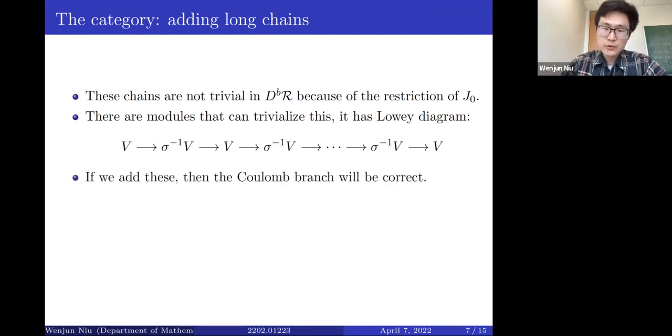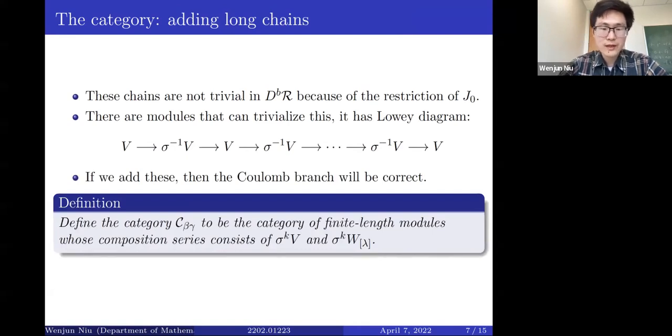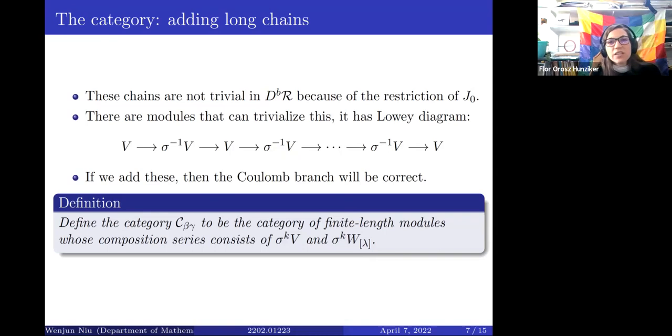So this motivated us to define the category, which we call curly C beta gamma, to be the category of finite length modules whose composition factors are just spectral flows of the vacuum or spectral flows of W lambda. So the category studied by Ridout and Allen Wood sits inside our category. And the condition here, the restriction of J0, is the semi-simplicity condition that you mentioned? Okay, yes. Gotcha, thanks.